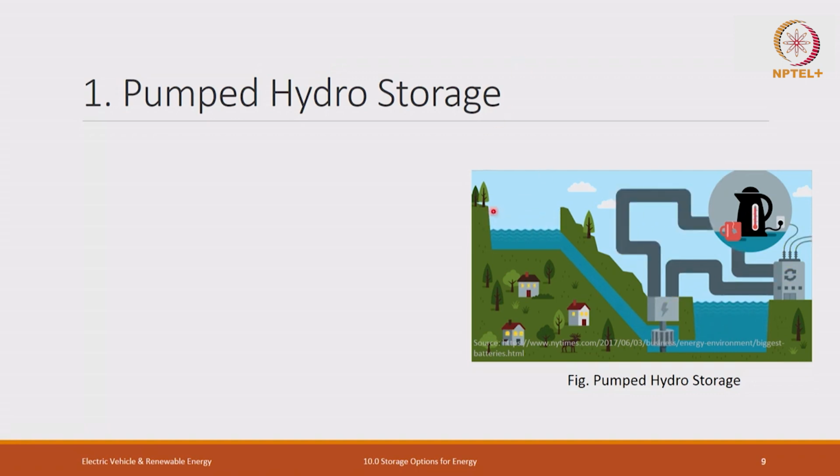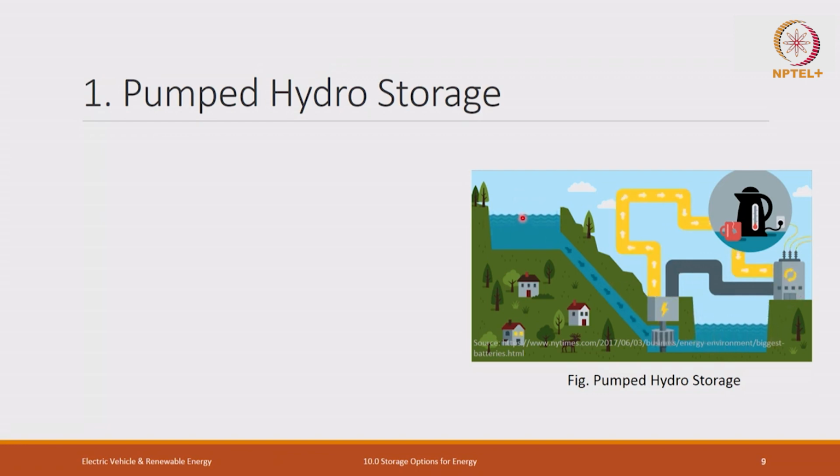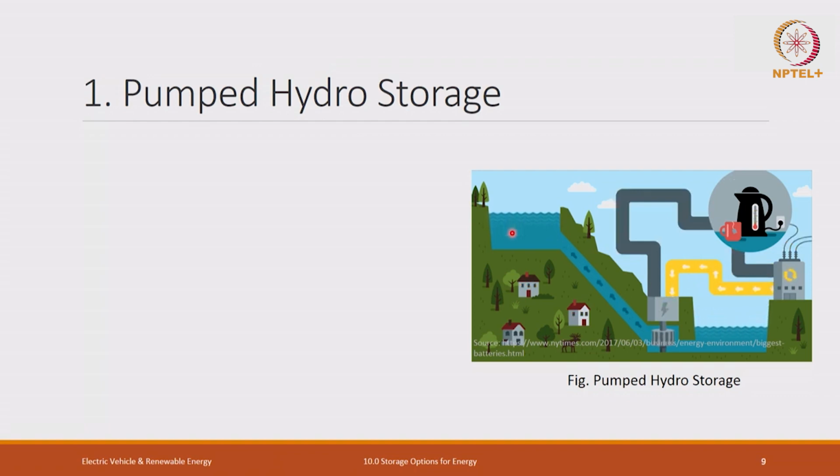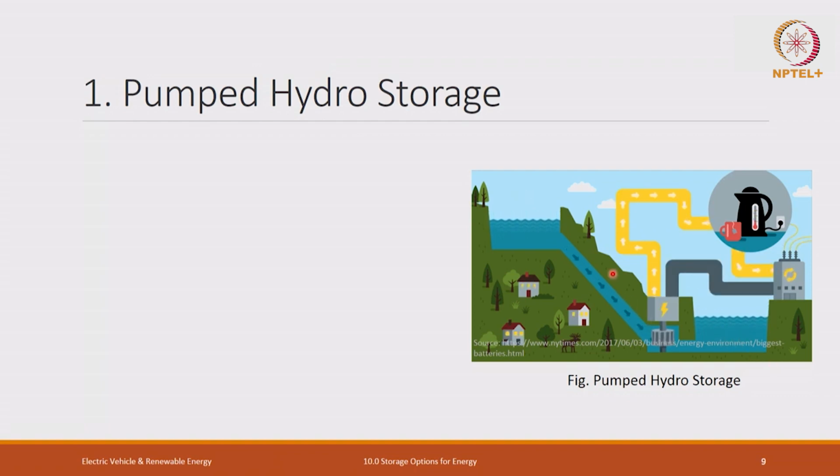So what you see here is pumped hydro. We have two storages, at the top and the bottom. Now this is the grid, the renewable energy grid, which is connected to our household. Whenever we have excess energy, at that time we pump water back to the reservoir at a much higher height, so we convert it into potential energy.